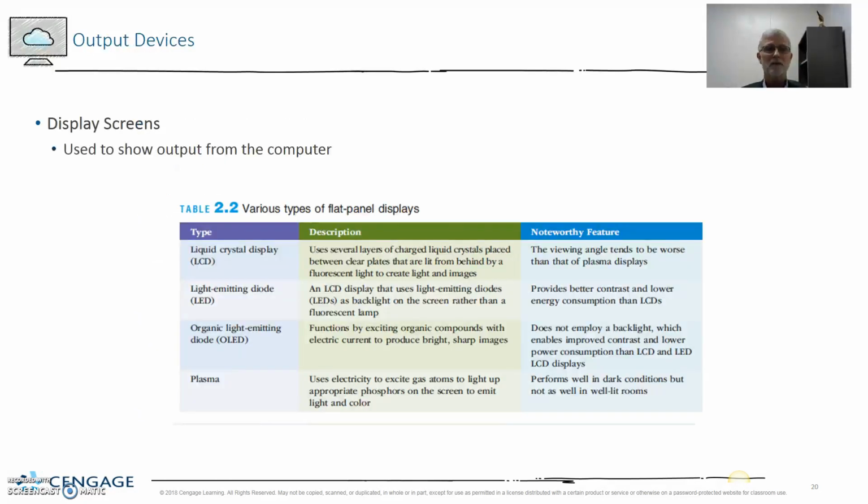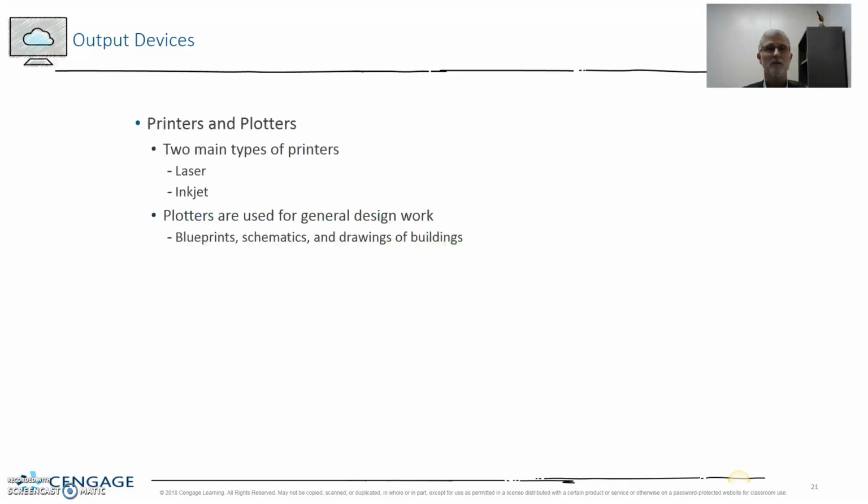Different types of displays: flat panel, a lot of them are all liquid crystal, light emitting diodes, LED, plasma. Sounds like some of your TVs, doesn't it? Same thing. What you're talking about on your TV, you're seeing now on your computer screens.